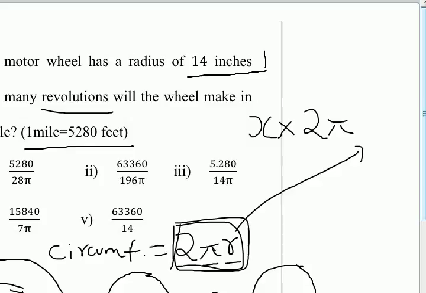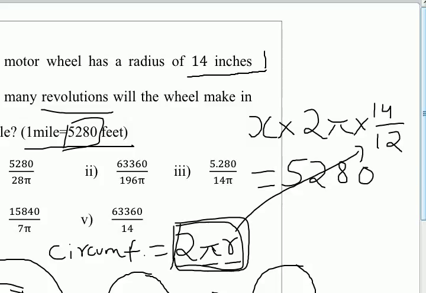So how many feet would that make? 14 divided by 12. This is equal to 5280. And now you just simplify and you get the answer.